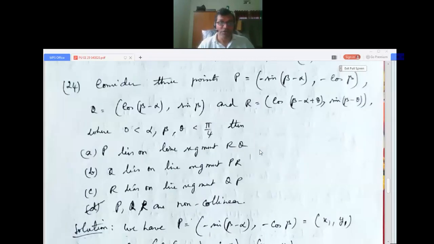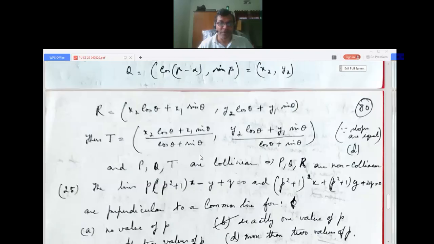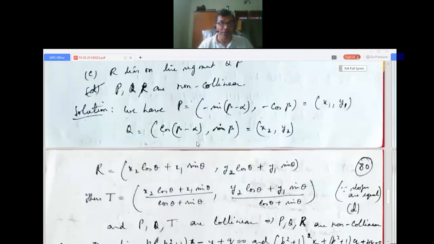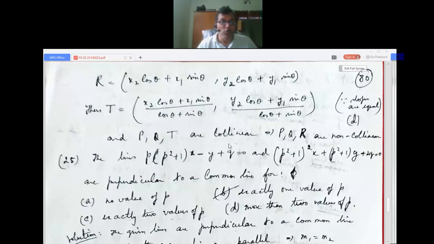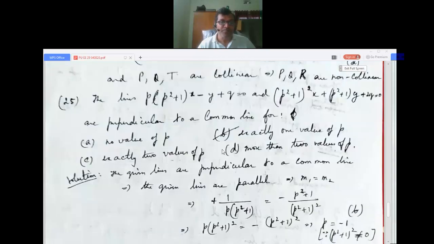So we have to see which point holds here. Since slopes are equal, we can say P, Q and T are collinear. So if P, Q and T are collinear, P, Q and R will be non-collinear. So the option is non-collinear, that is option D.